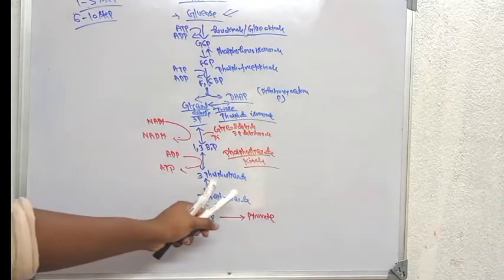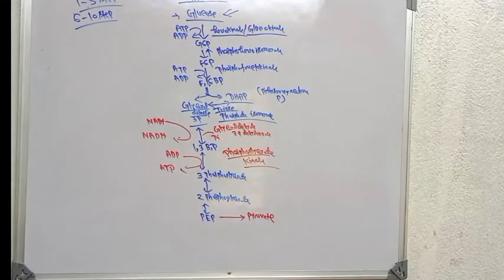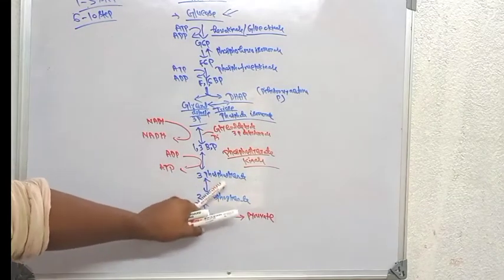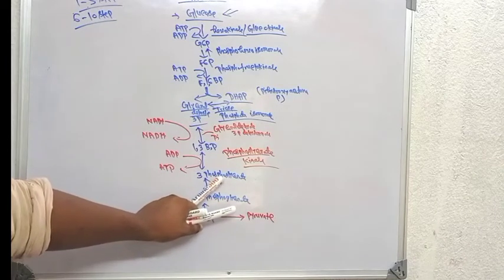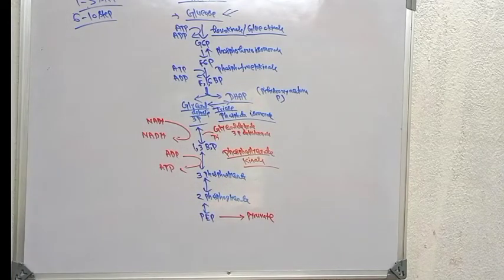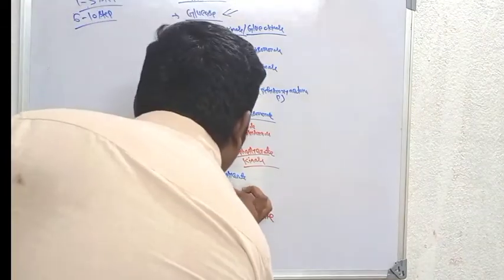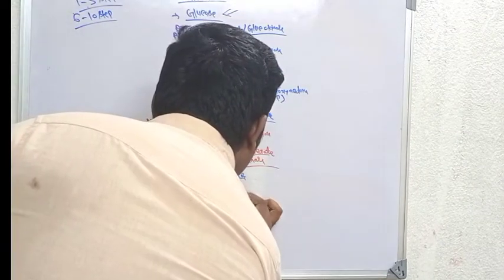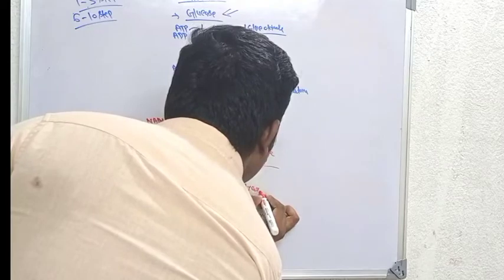So 3-phosphoglycerate to 2-phosphoglycerate. 2-phosphoglycerate is an isomer of 3-phosphoglycerate, so this reaction is catalyzed by phosphoglycerate mutase.